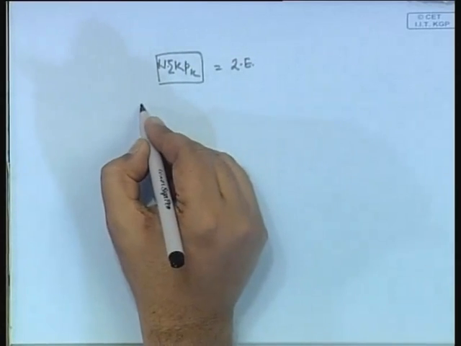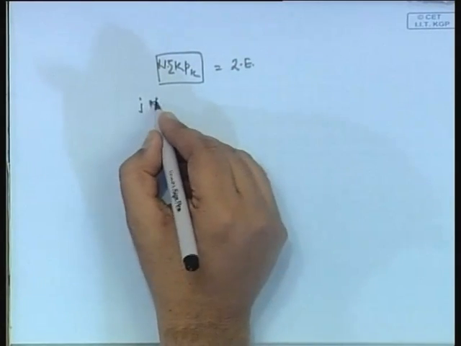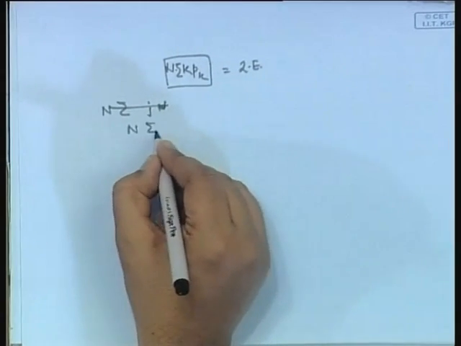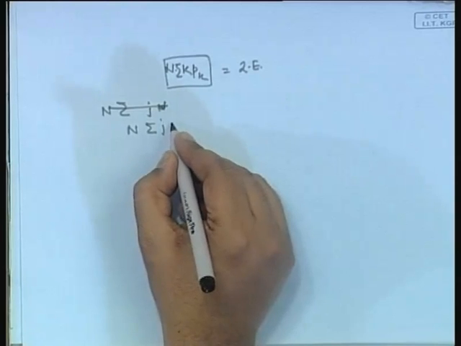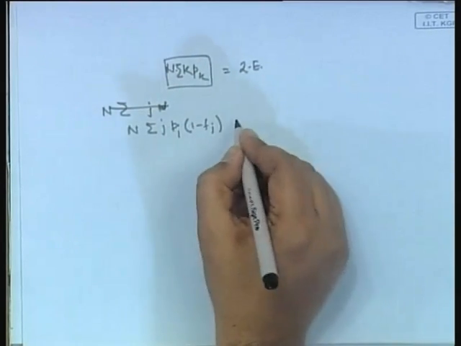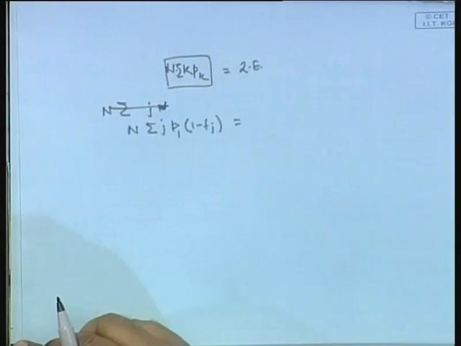So when I write n summation of j pj 1 minus fj, it is showing the total number of tips, meaning 2E. That is why I say total number of tips, I am not saying total number of edges. It is showing the total number of tips present in this part.